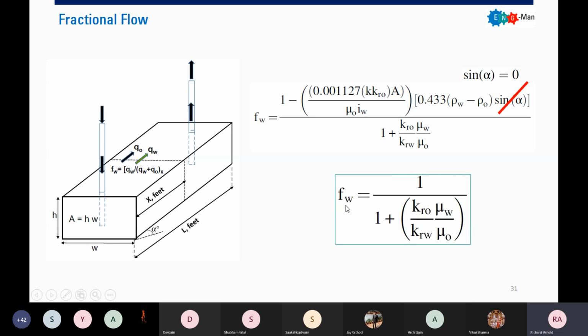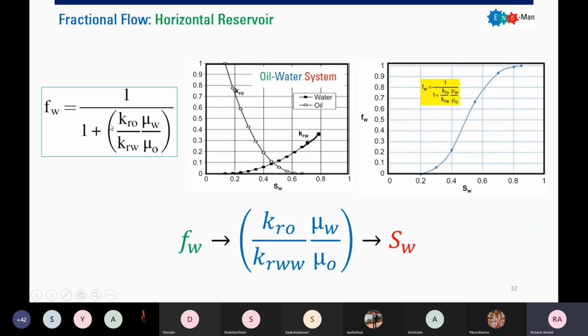We start by defining our fractional flow. Okay, and fractional flow, using this one, we have also our relative permeability plot. Okay, oil relative permeability and water relative permeability curve, which will be plotted against water saturation.